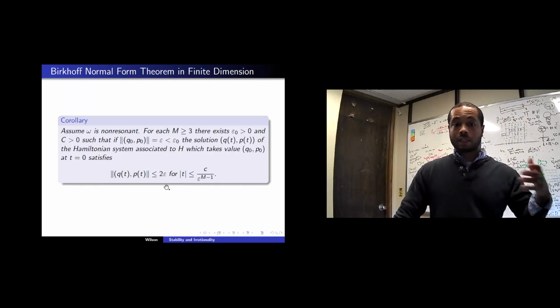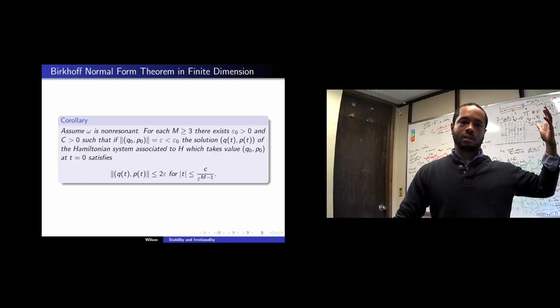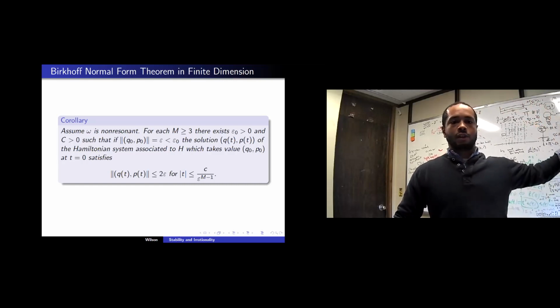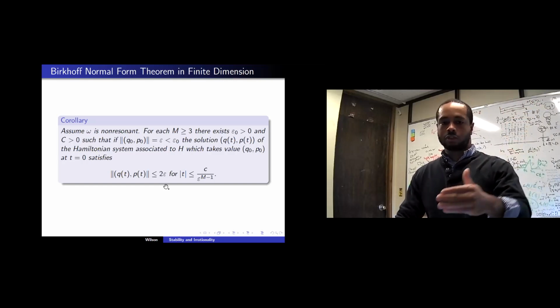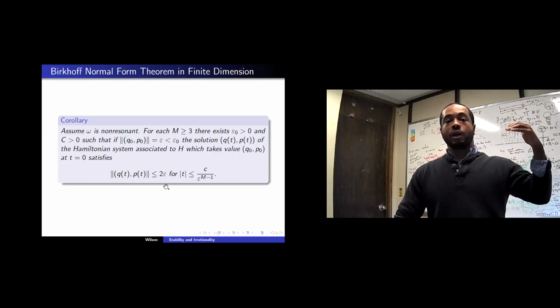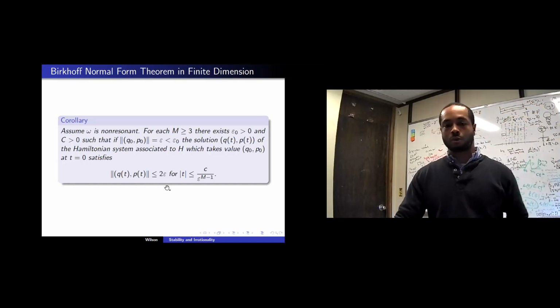This is exactly antithetical to the result for the two-dimensional rational cubic nonlinear Schrodinger equation, which says that you can construct a solution that starts off very small and gets arbitrarily large in HS norm after a certain amount of time. This is completely opposite of that.